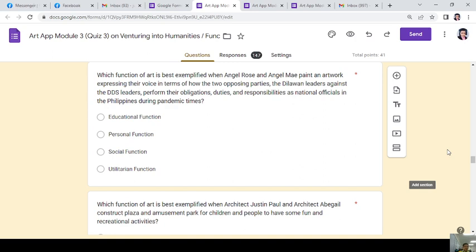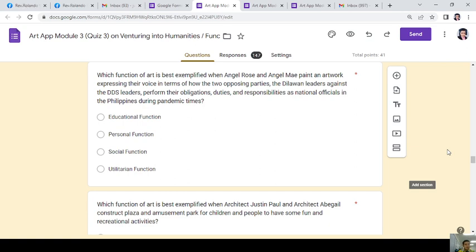Which function of art is best exemplified when Angel Rose and Angel May paint an artwork expressing their voice in terms of how the two opposing parties, the Dilawan leaders against the DDS leaders, perform their obligations, duties, and responsibilities as national officials in the Philippines during pandemic?